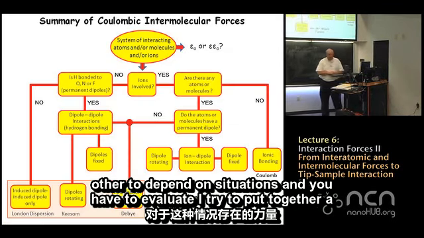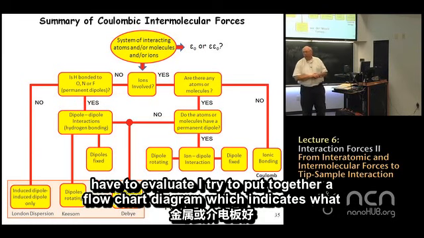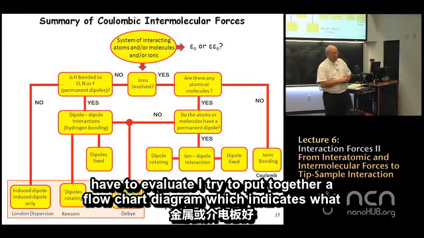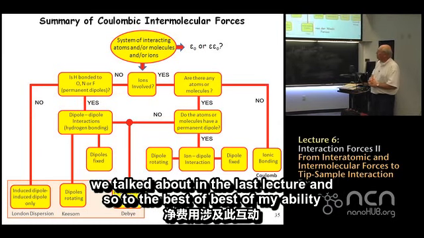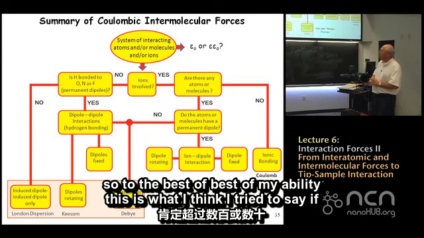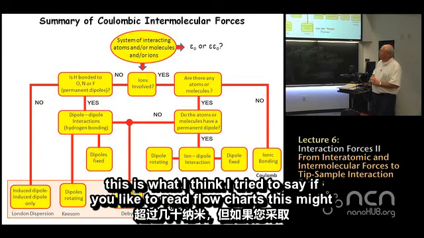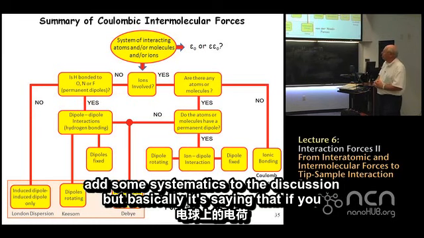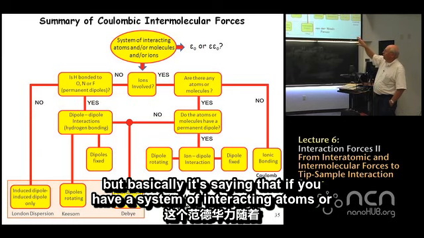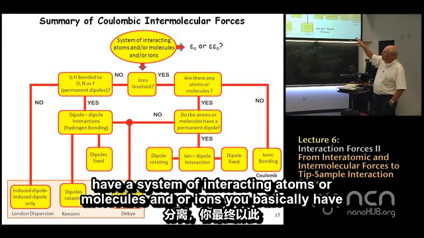I tried to put together a flowchart diagram which indicates what we talked about in the last lecture. And so to the best of my ability, this is what I think I tried to say. If you like to read flowcharts, this might add some systematics to the discussion. But basically, it's saying that if you have a system of interacting atoms or molecules and or ions, you basically have to make two decisions.